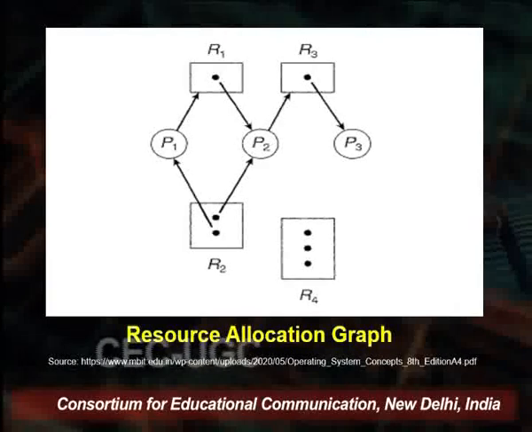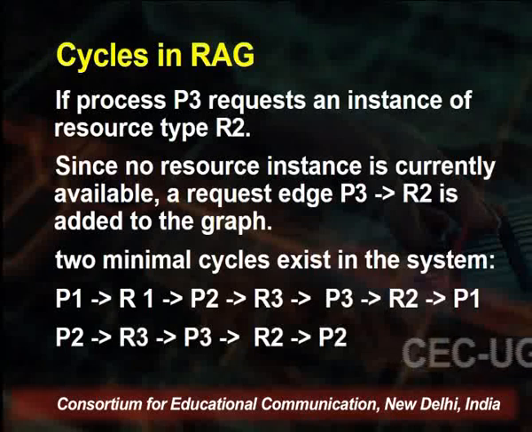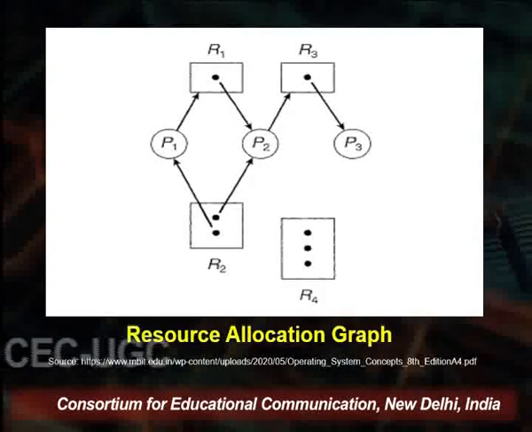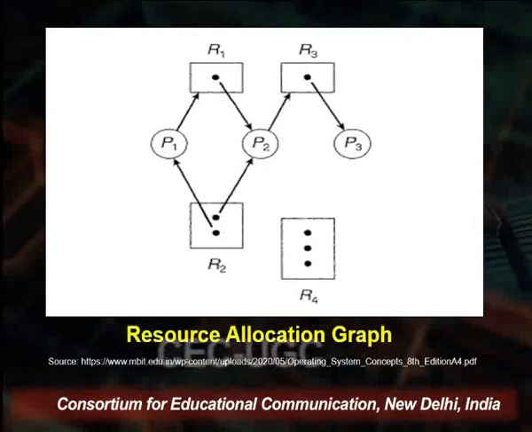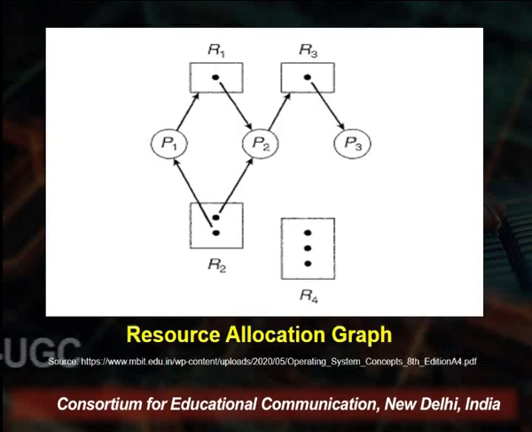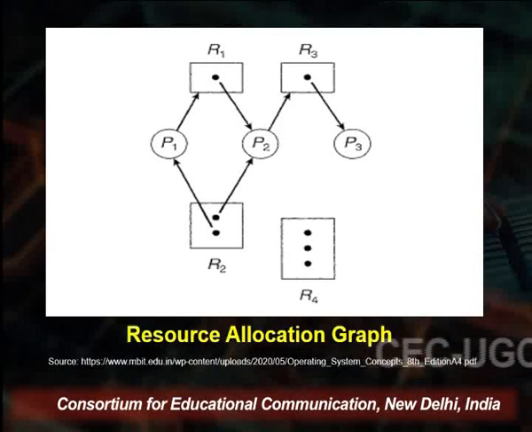Both of these cycles start and end at P1 and P2 respectively, with the additional edge we add corresponding to the request of R2 from P3, which is the P3 to R2 edge.